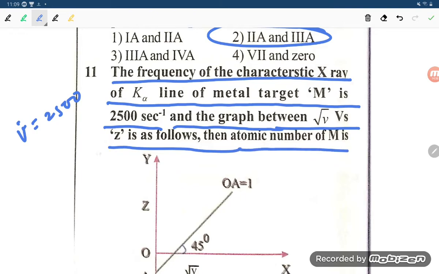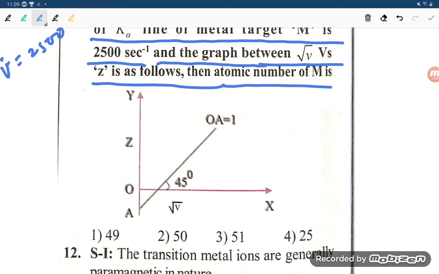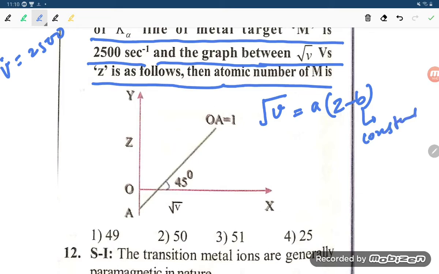So students, if you know the Moseley experiment, you will be able to answer this problem easily. What is Moseley's rule saying, students? Moseley says root of nu is equal to a times Z plus b.